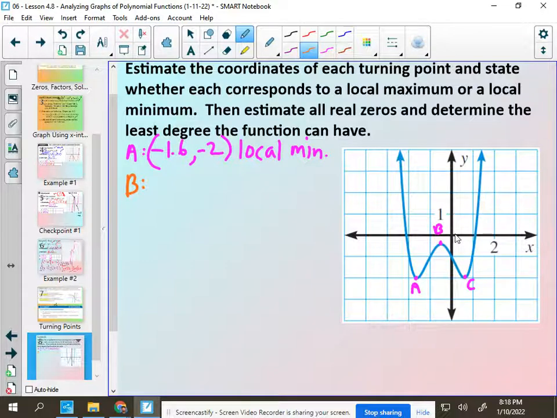B, what are the coordinates at that point? That's like negative 0.5, negative 0.3. It went left, half, down, third, 0.4. Okay, that would be a local max.